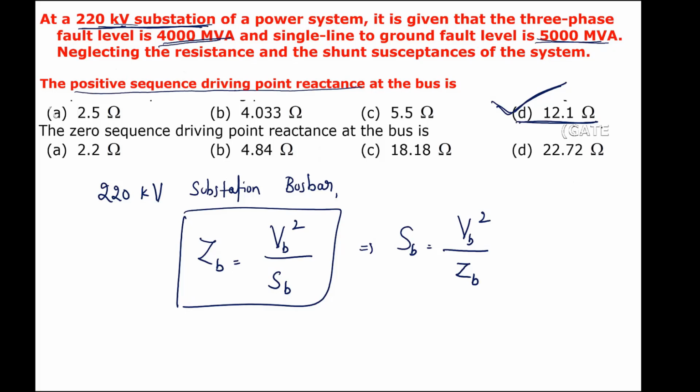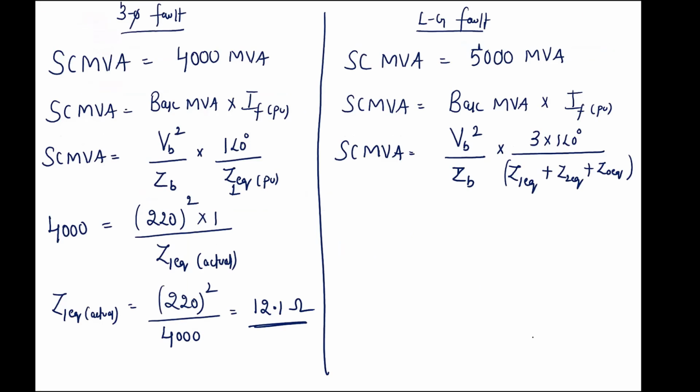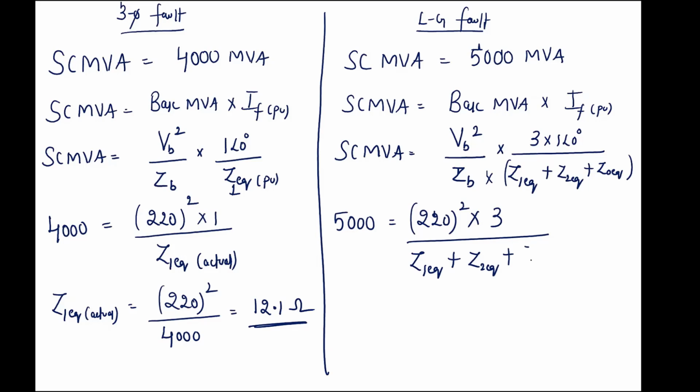Now he wants the zero sequence Thevenin's impedance. How are we going to get that? Again here the short circuit MVA is 5000. That value is equal to 220 square into 3, because here 3 is there, divided by Z base multiplied by all the per unit values, so it becomes the actual values: Z1 equivalent plus Z2 equivalent plus Z0 equivalent actual value.